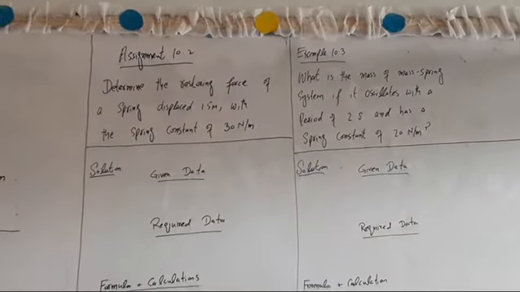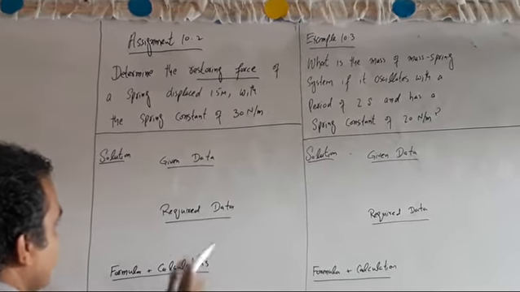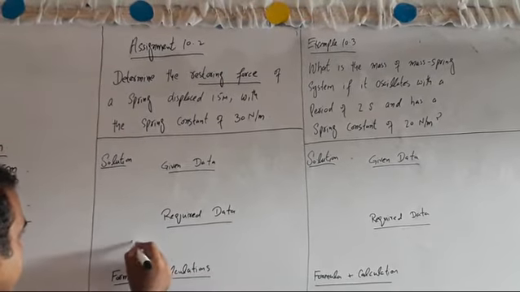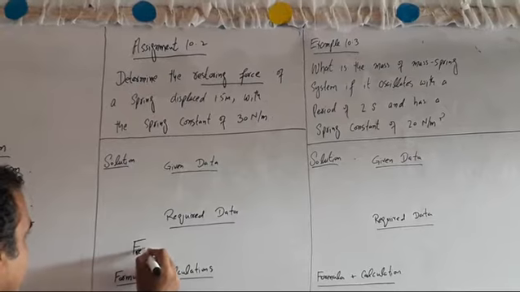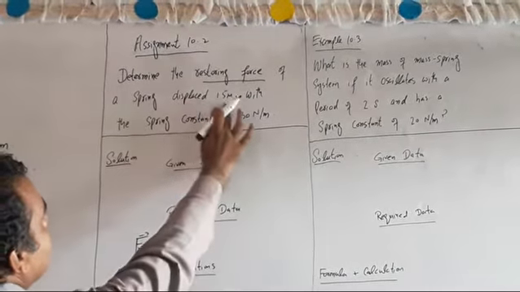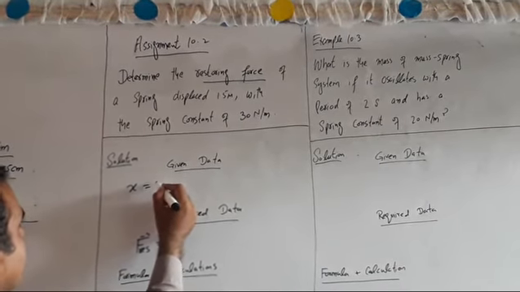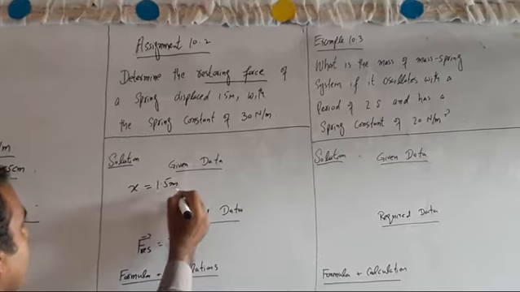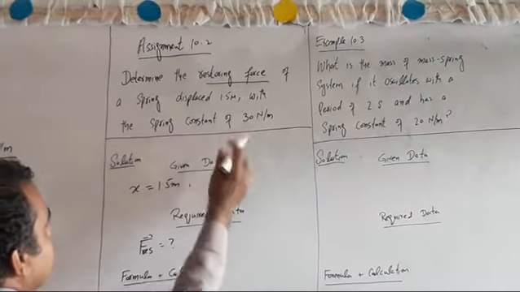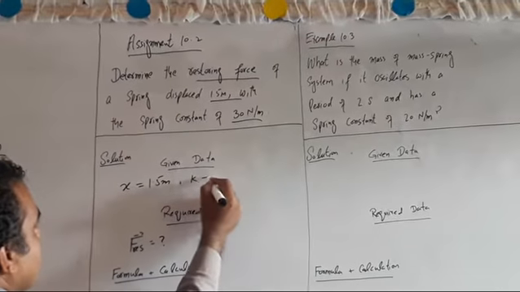Now we are going to solve assignment 10.2, in which we have to determine the restoring force. So it will be written in the required data, that is restoring force has to be calculated. And we are given the displacement, that is 1.5 meter. So displacement is represented by X, which is 1.5 meter, while the spring constant is represented by K, which is 30 Newton per meter.